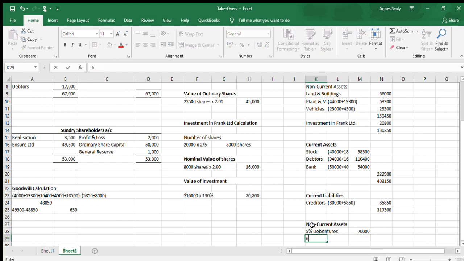from Ensure and our 6% debentures from Wall.